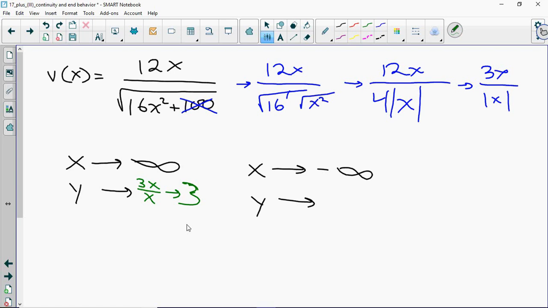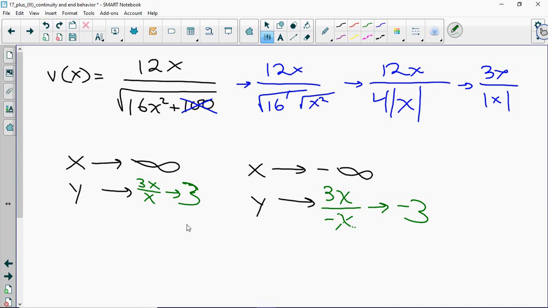As x approaches negative infinity, I now have a negative x value, and the absolute value of a negative number we know is the opposite of that number. Therefore, this is going to simplify to negative 3.